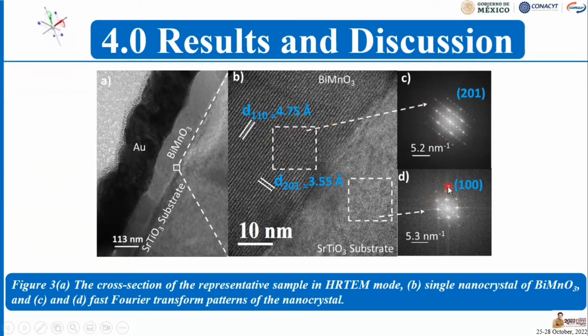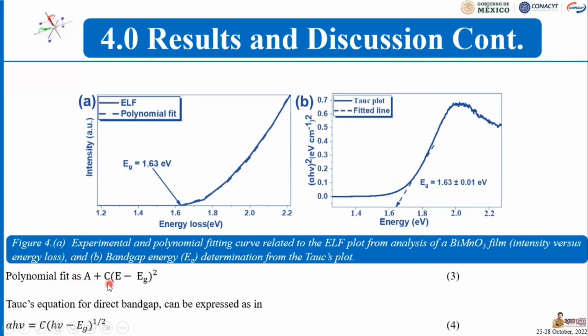Here is the fast Fourier transform pattern in accordance with the marked square here. Using the polynomial fits from this equation, where A and C are constants, the fitting was obtained for the band gap to be 1.63 electron volts.